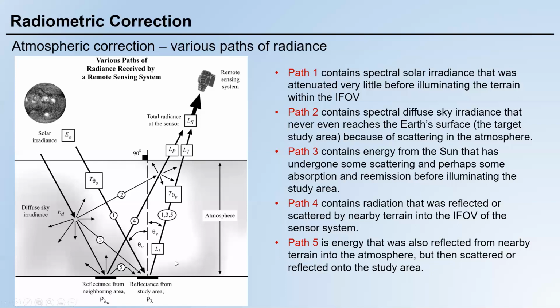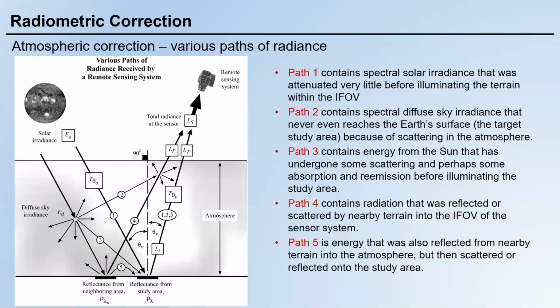And you can say that the reflected energy from the area of interest, or from the study area, contains energy from path 1, energy from path 3, energy from path 5. So it's very complex, and no need to say that there is also path 4.